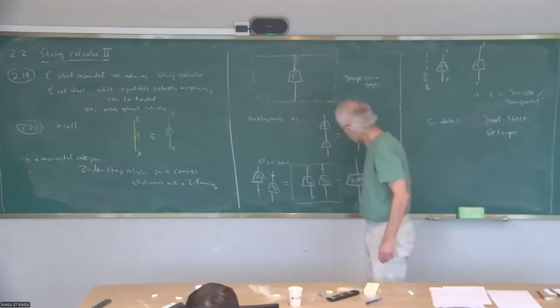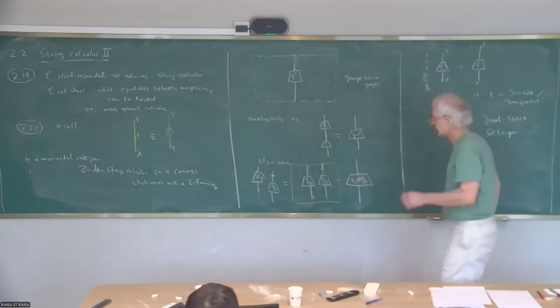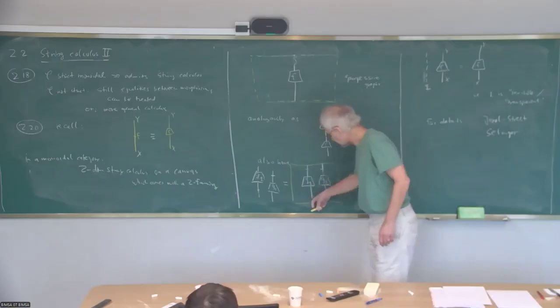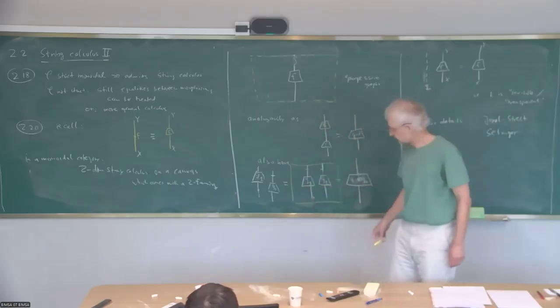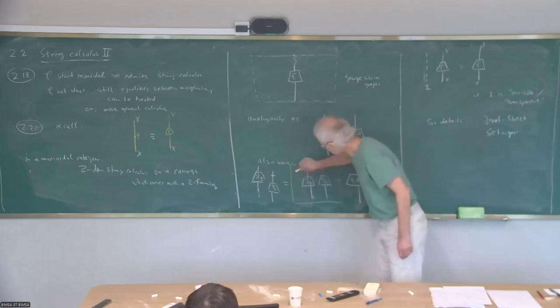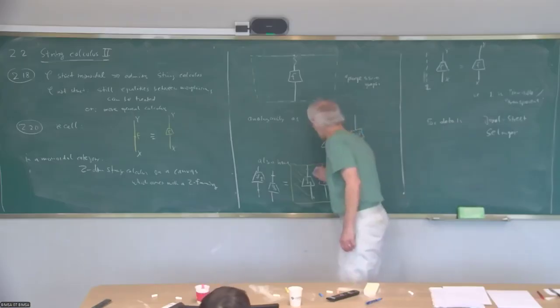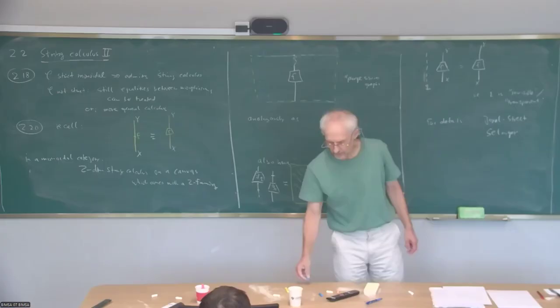So we think of this as a stratified manifold. We have one-dimensional strata labeled by objects, zero-dimensional ones labeled by morphisms, and we have the two-dimensional ones and they are not labeled.